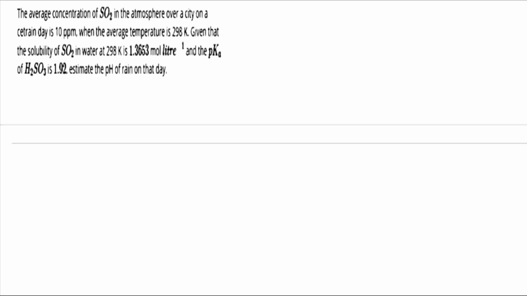So, what is given in the question? The concentration of SO2 is 10 parts per million. When we convert into mole per liter, we multiply by 10 to the power minus 6. So that is 10 to the power minus 5 mole per liter.